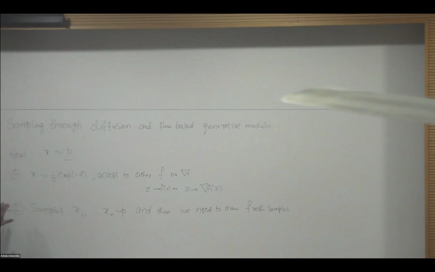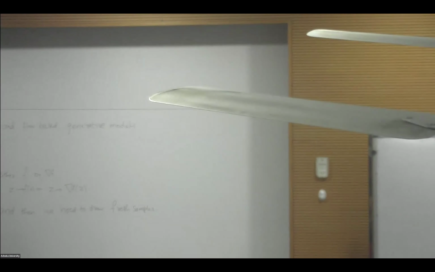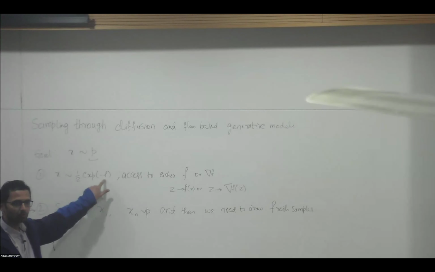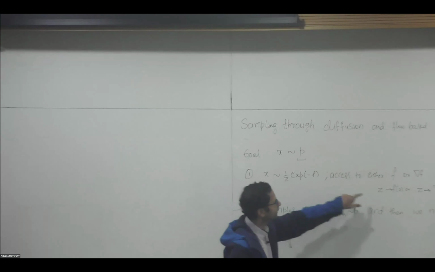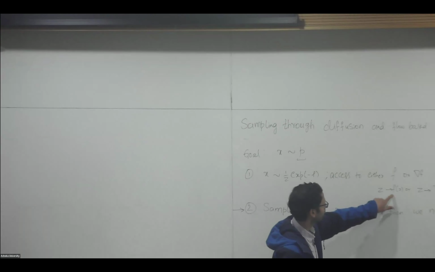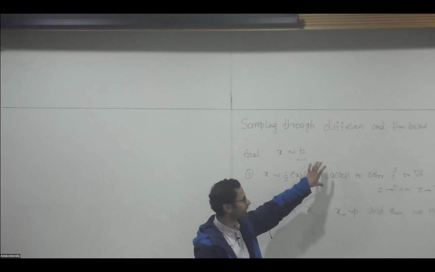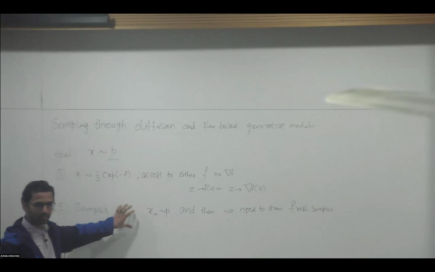So I should mention that even when we are given something like this, it is possible to perhaps use these samples to learn an F, to learn the corresponding log probability function, and then use either a function oracle or a gradient oracle, and then use methods that have been designed for this setting to directly apply here.